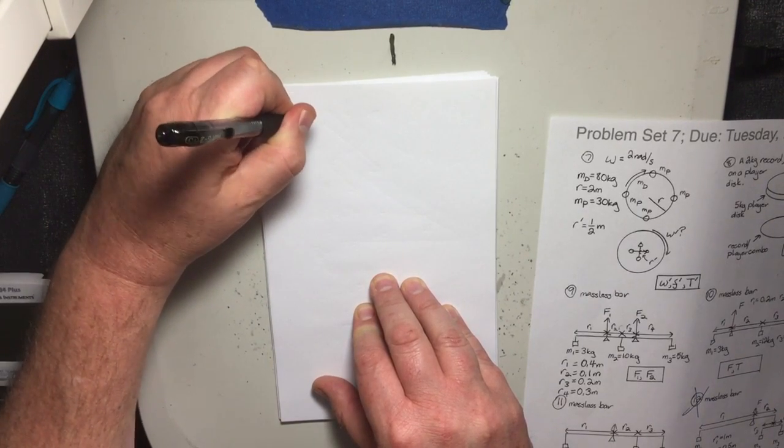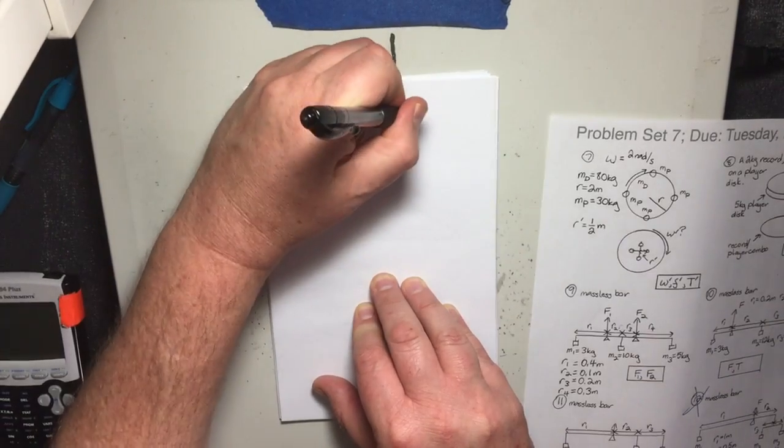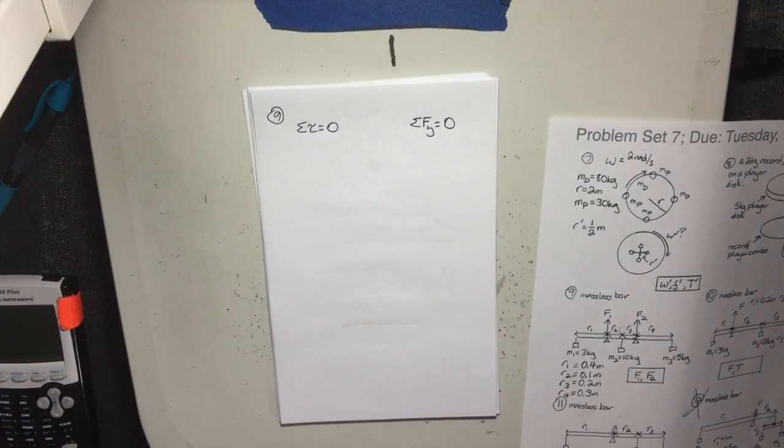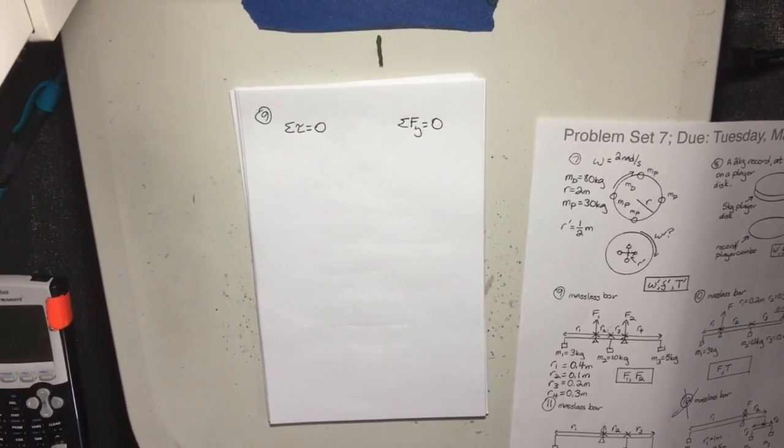So in 9, 10, and 11, you can say the following: that the sum of the torques is equal to 0, and that the sum of the forces vertically is equal to 0. The sum of the forces in X is equal to 0, but that's not relevant.